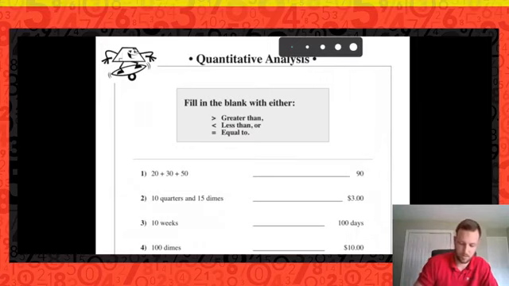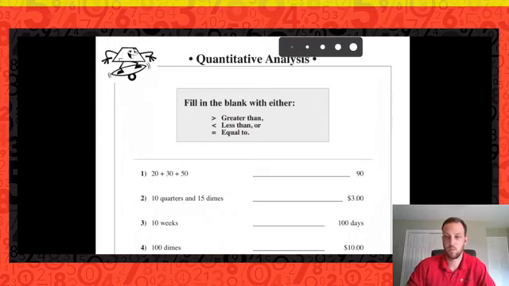Yeah, very good. That is 100. So is 20 plus 30 plus 50 greater than, less than, or equal to 100? Yeah, very good. It is greater than.